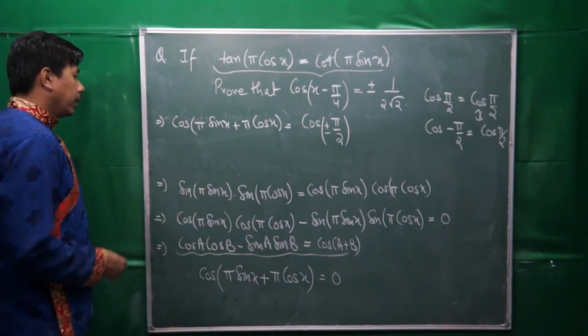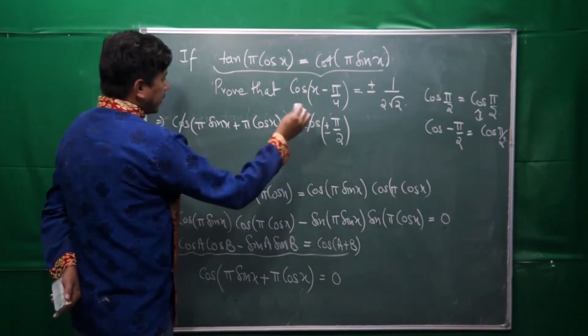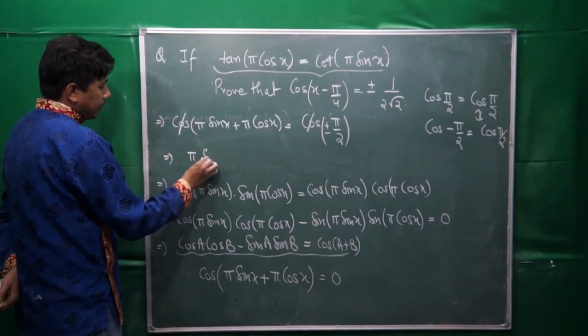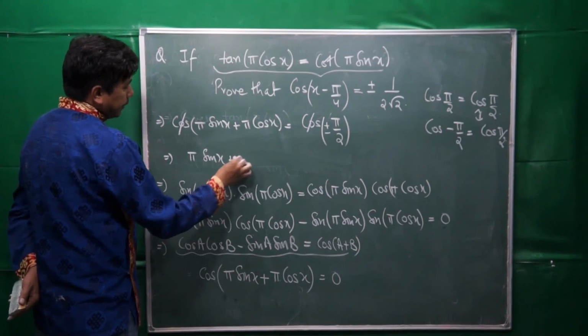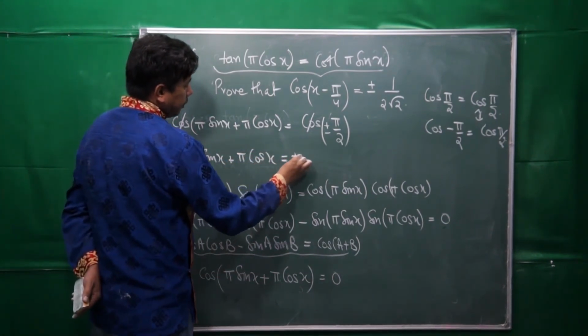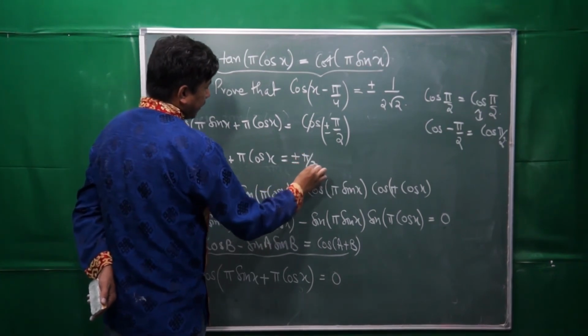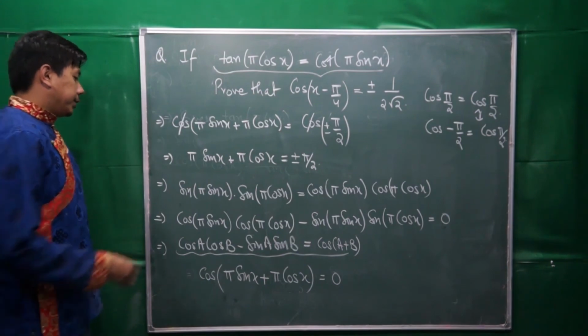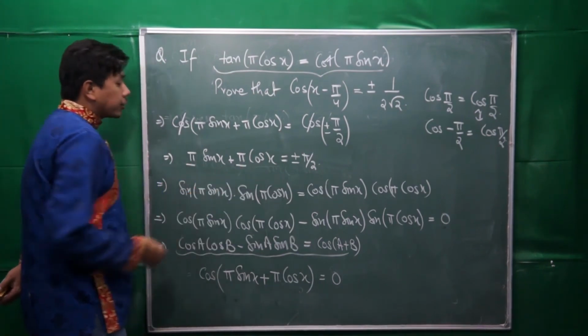Simple. So this cos and this cos cancel out. We are left with pi sin x plus pi cos x, which is equal to plus minus pi by 2. Clear?